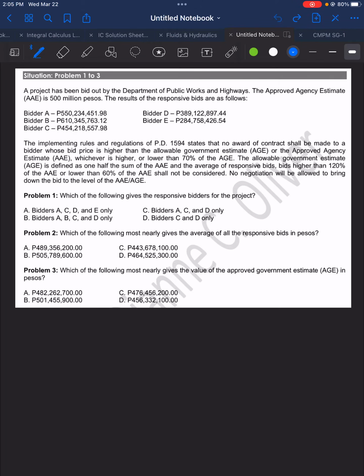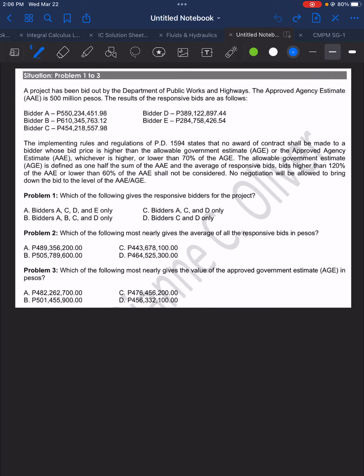So given the AAE as 500 million pesos, the results of the responsive bids are as follows. We have 5 bidders for this project: bidder A, B, C, D, and E. And each bidder has lump sum prices. So these are the lump sum prices, and we will see which bidder will be awarded the project.